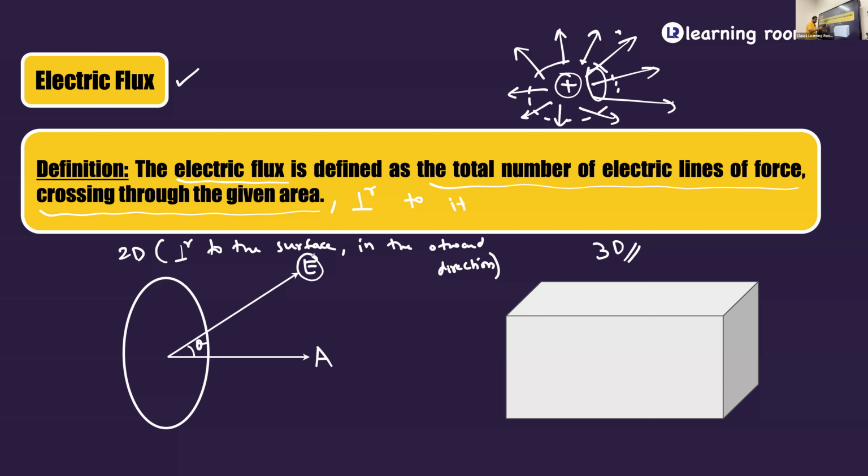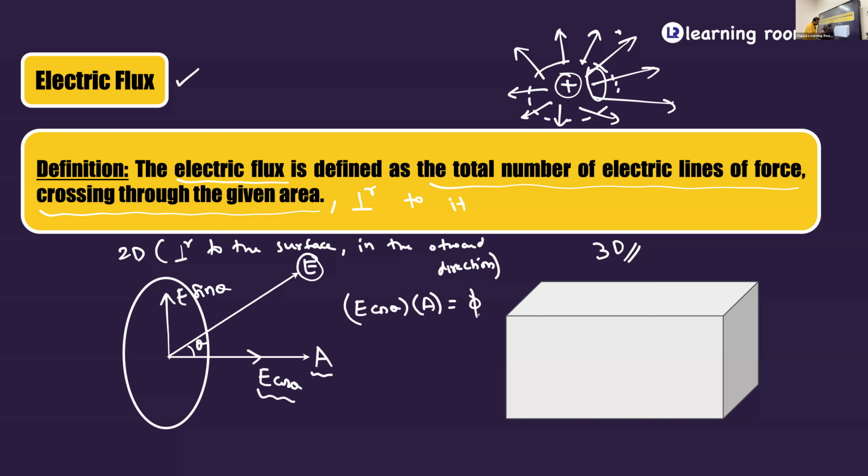Now this electric field can be resolved into two components: E cos theta and E sin theta. E sin theta is not a component which is perpendicular to the surface. Only E cos theta is perpendicular. So if you take the product of E cos theta and A, this is going to give me the flux.